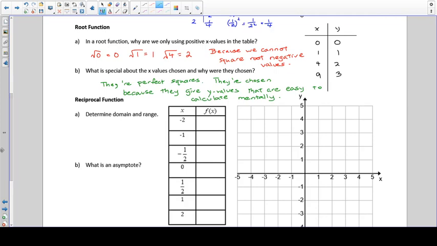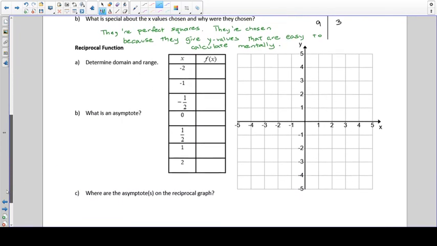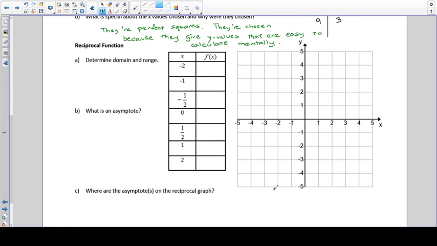All right, so the next thing that we need to talk about is the reciprocal function. The reciprocal function has the form of f of x equals 1 over x.